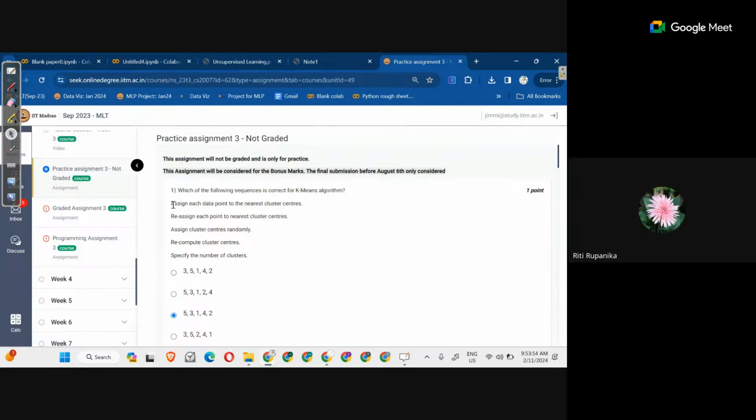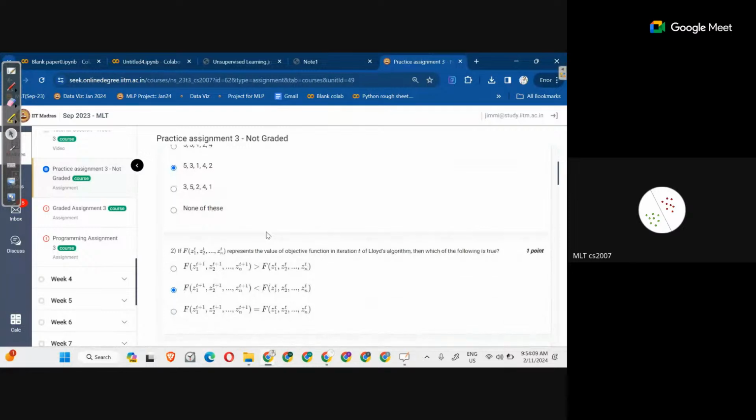Assign each data point to the nearest cluster center. And then recompute cluster centers and then reassign each point to the nearest cluster center. Sounds good.